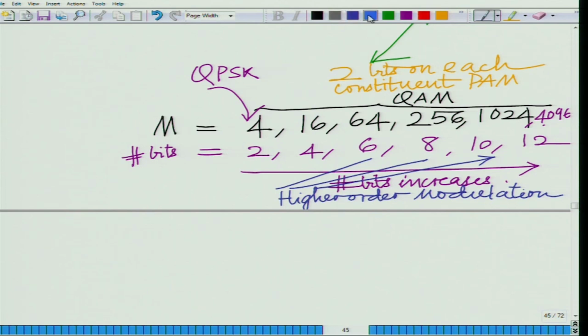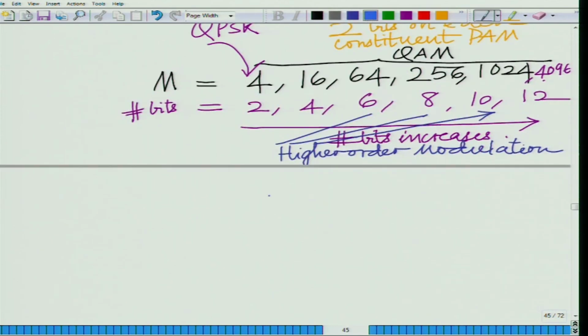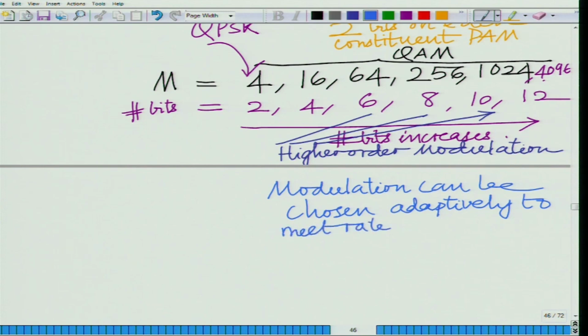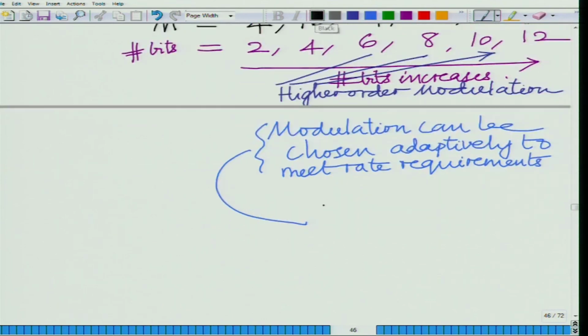And modulation can be chosen adaptively, correct. Modulation can be chosen adaptively to meet rate requirements. And this is termed adaptive modulation, which is yet another important scheme.